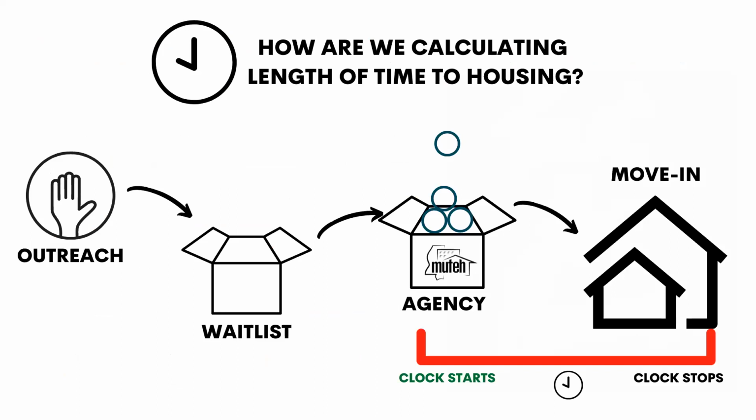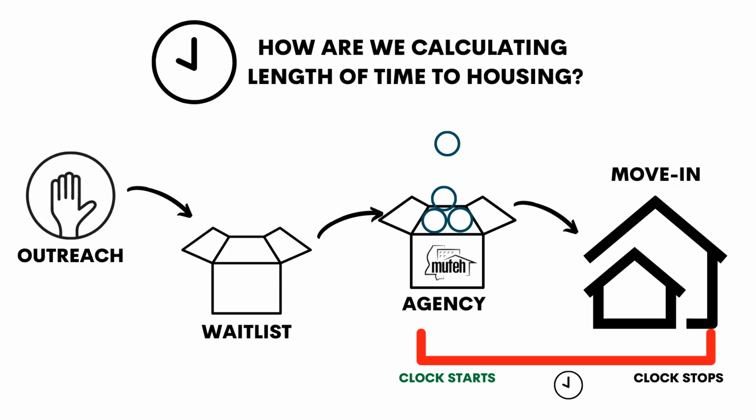From the moment a person is assigned into your program, the clock starts ticking. Keep in mind, this is regardless of whether or not you have a housing unit on deck to immediately move them into. When you see someone on the list who is at the top of the priority and needs to be in a program to be housed, you should be taking them off of the list and putting them into your program.